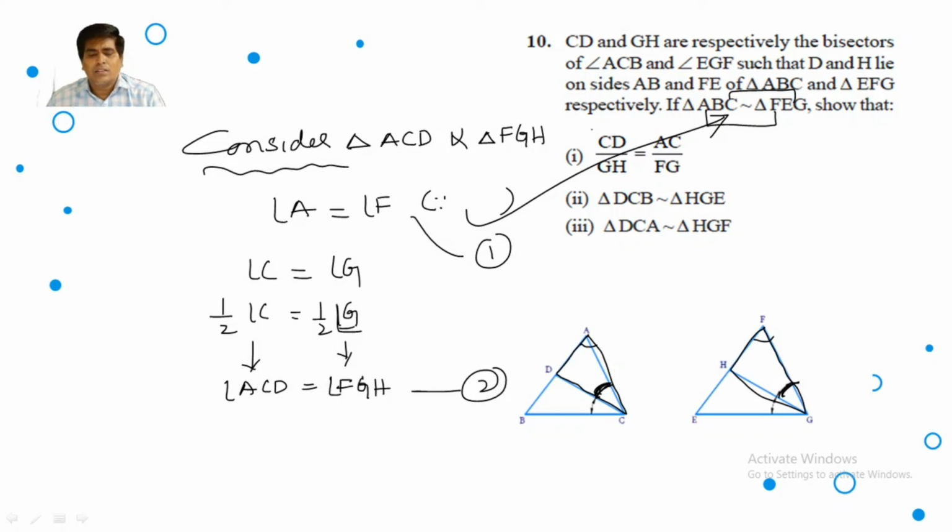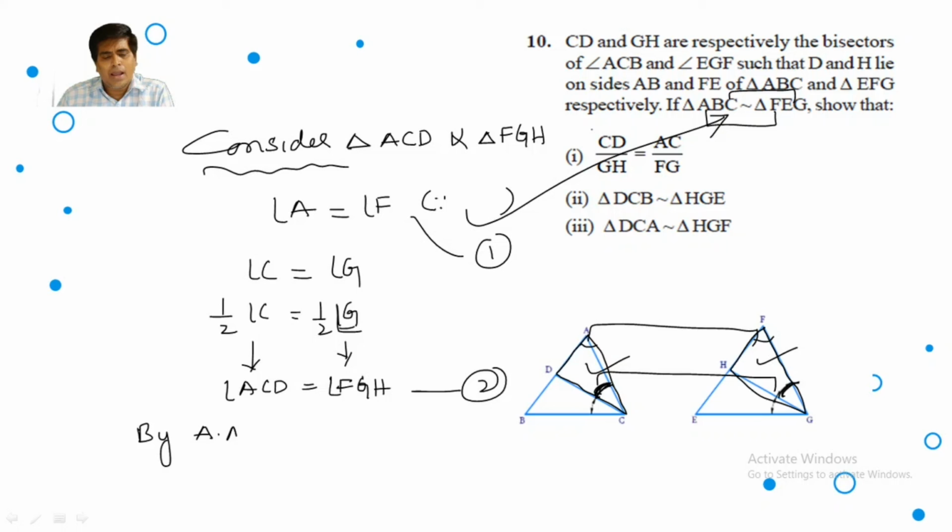Clearly the two angles are equal here. This angle is equal to this angle. This corresponding angle is equal to this angle. So in two triangles, two angles are equal. Therefore, by angle similarity, triangle ACD is similar to triangle FGH.